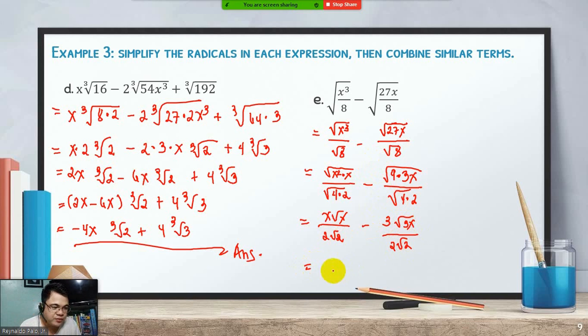So therefore, we can just simply combine them in a single fraction, but the numerators are not similar. Therefore, we're going to have x square root of x minus 3 square root of 3x. Alright, so we cannot do anything about this, so that's why this will serve as your final answer. That's how you're going to add and subtract dissimilar fractions. Rather, dissimilar radicals. Sorry for that.